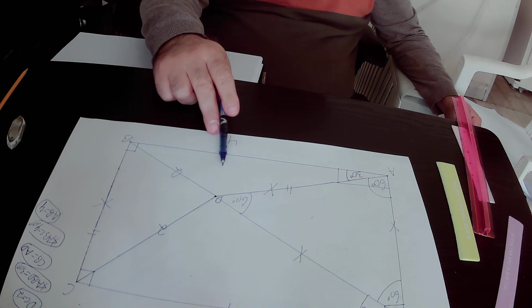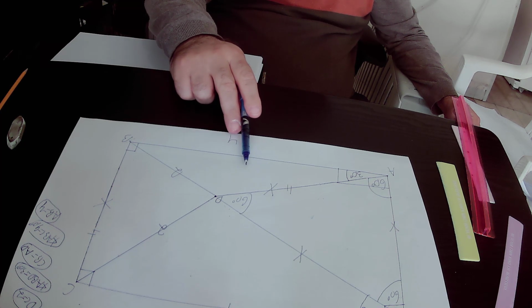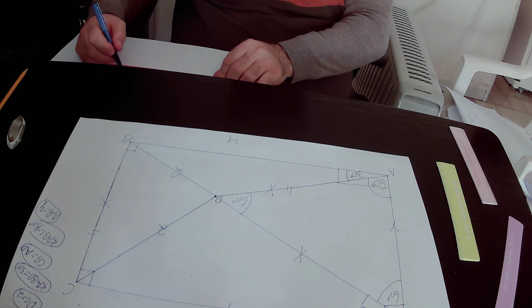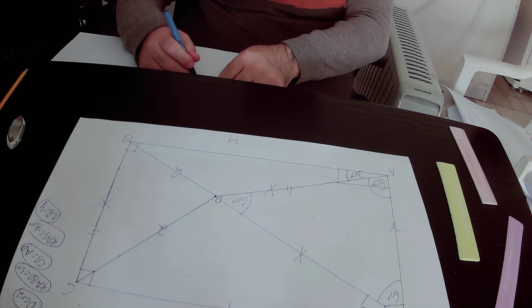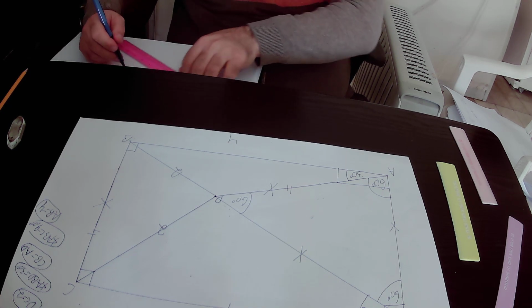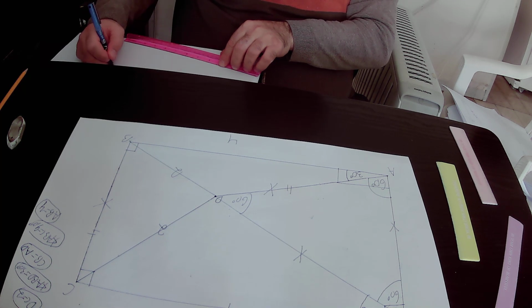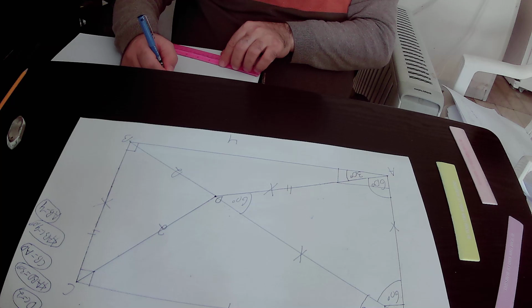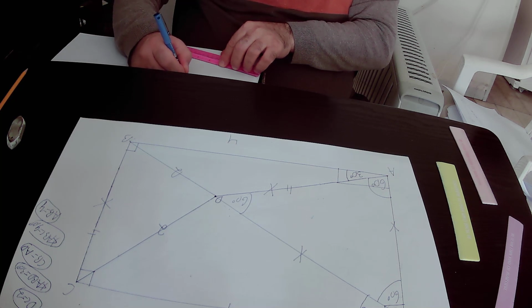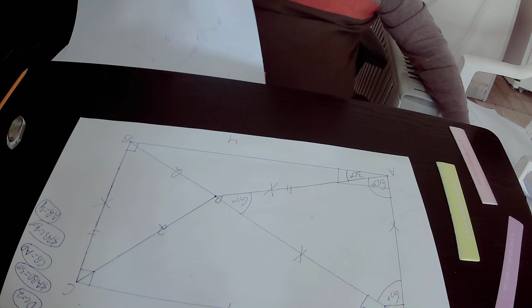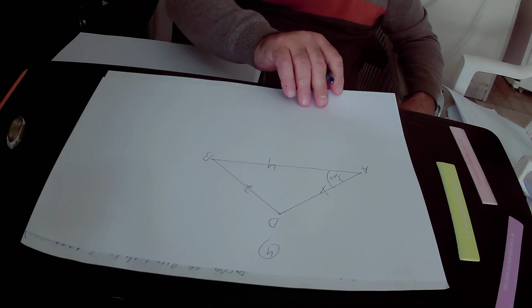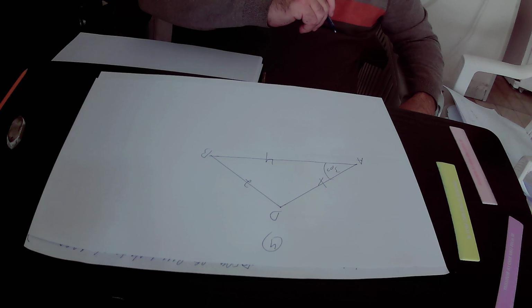So I will copy this triangle to a new page and we will implement the law of cosines on this triangle. So this is triangle ADB.